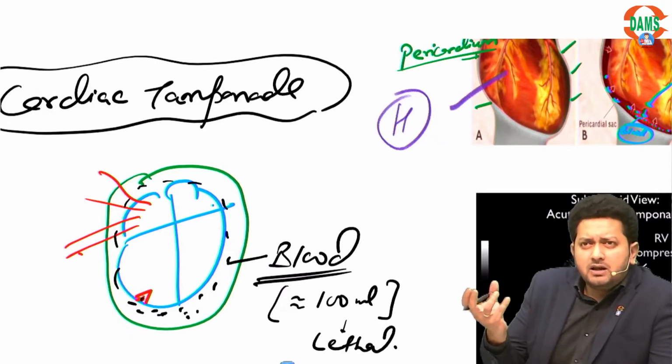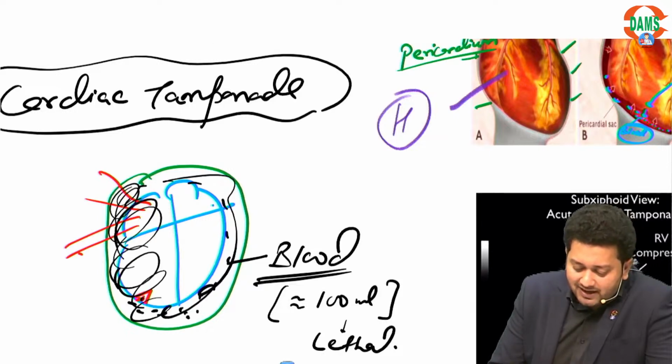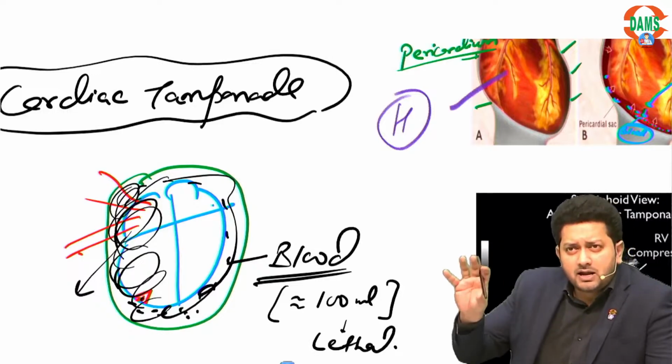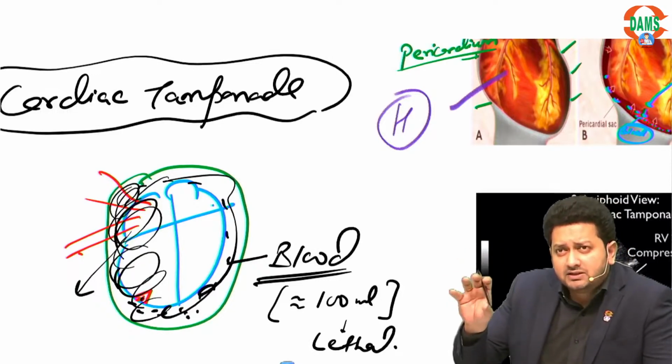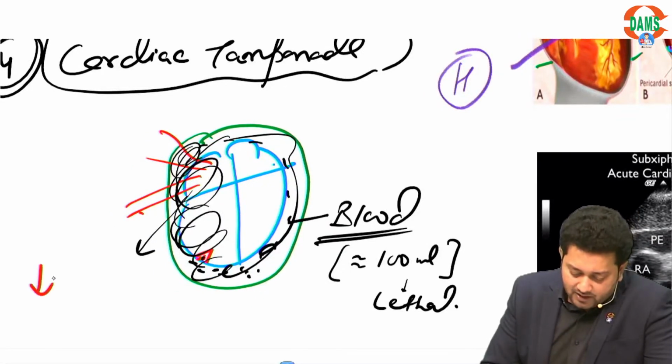Why is 100 ml of blood killing the patient? Because the main problem this blood is causing is it is putting pressure on the right side of the heart. It is putting pressure on the right atrium, right ventricle. It is putting pressure on the SVC and IVC, and because of this pressure there is decreased venous return.